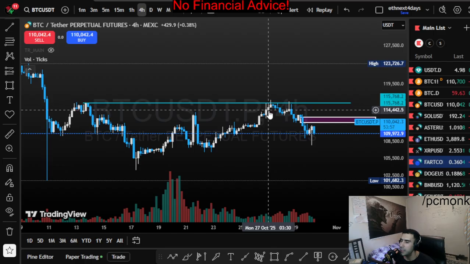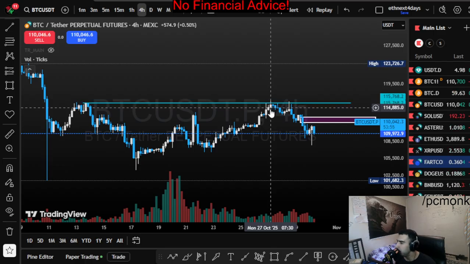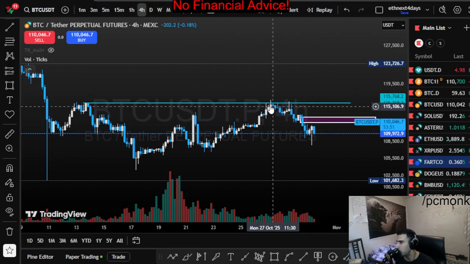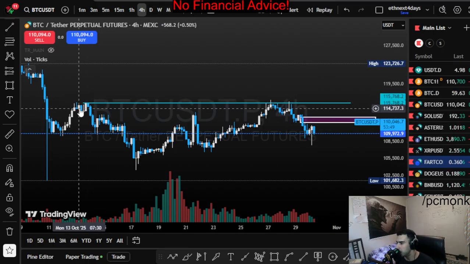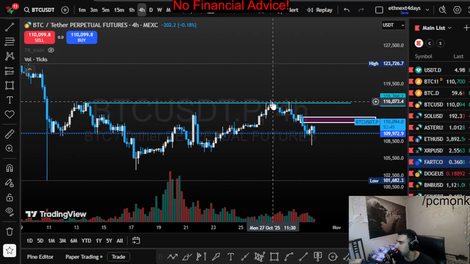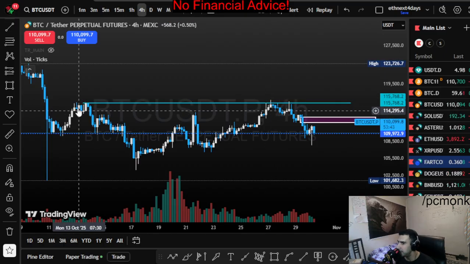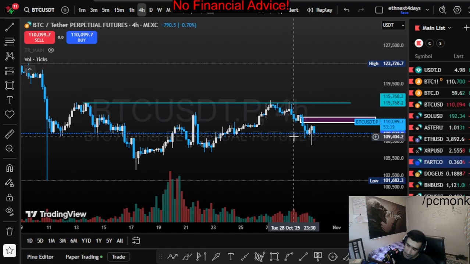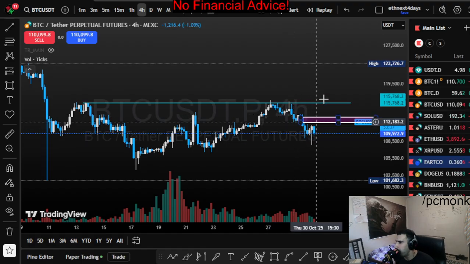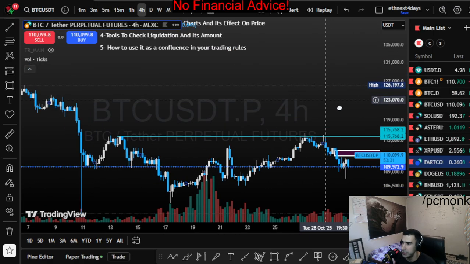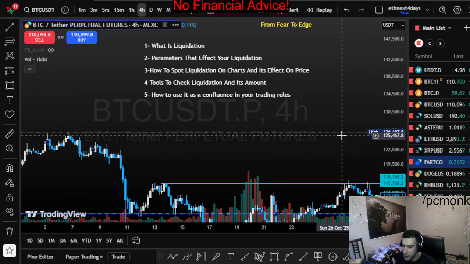So the market maker is using those liquidations to build his positions and then push the price where it wants to. So the market maker opens some shorts here, and then it moved around here, opened some more shorts around here, using the liquidations of these people, and then we slowly move down, right? That is what really happens to the price, and how the price gets affected by liquidations, and obviously the big orders lying around the liquidation.